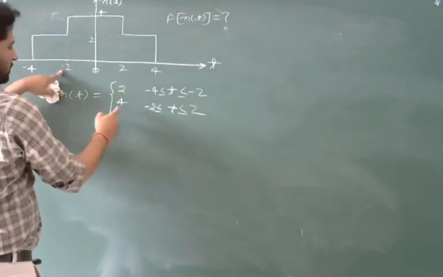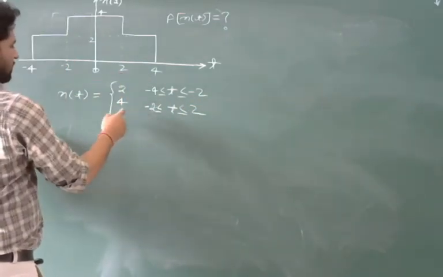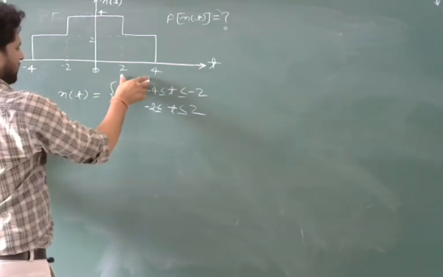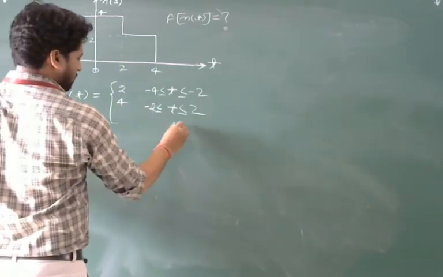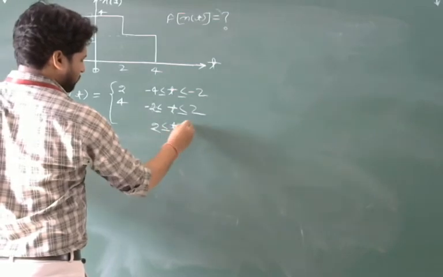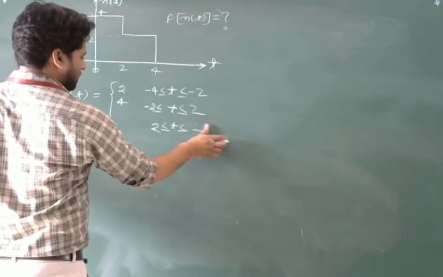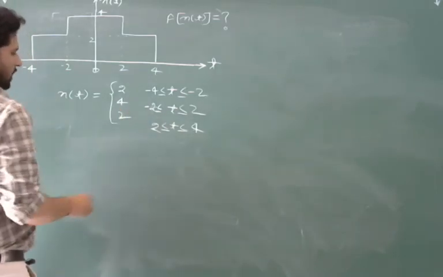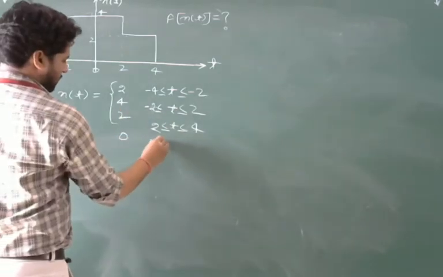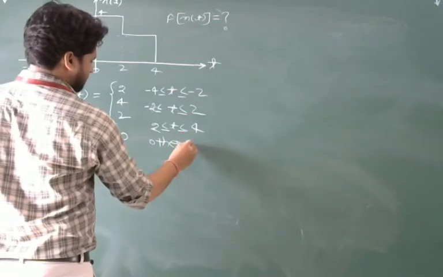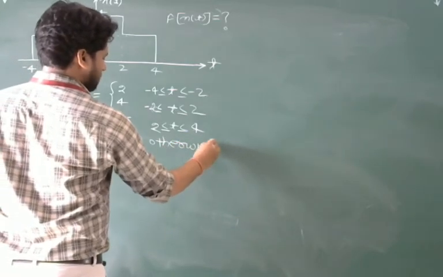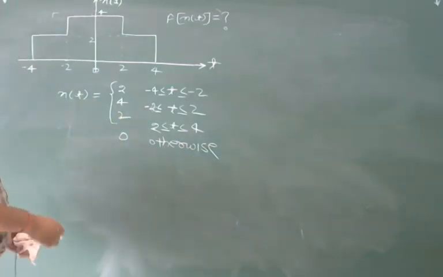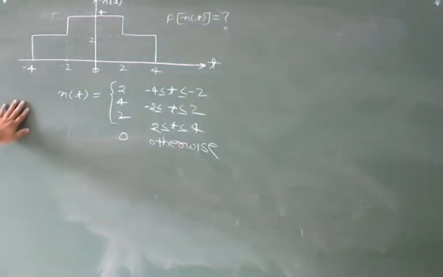Then its amplitude is +4, and in the duration from 2 to 4, amplitude of the given signal is +2 and it is 0 for other times. Otherwise the value of this signal is 0.